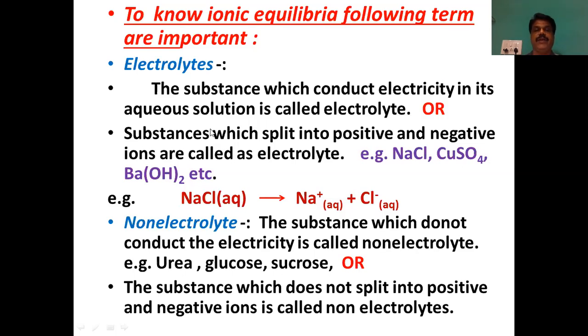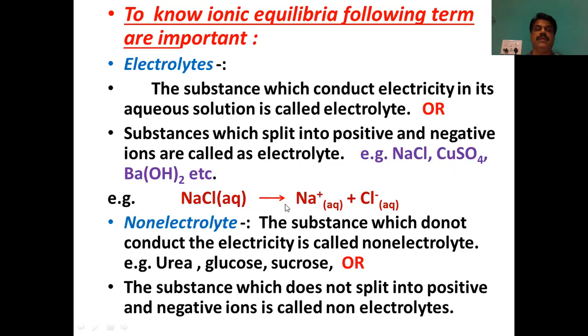Or it can also be defined as a substance which splits into positive and negative ions. Examples of electrolytes are NaCl, copper sulfate, barium hydroxide.